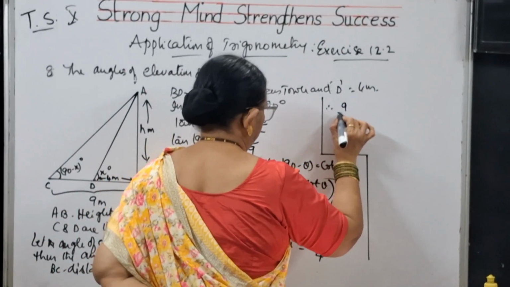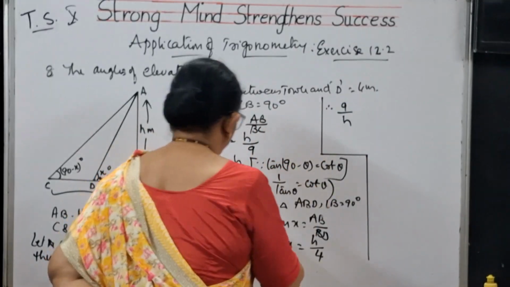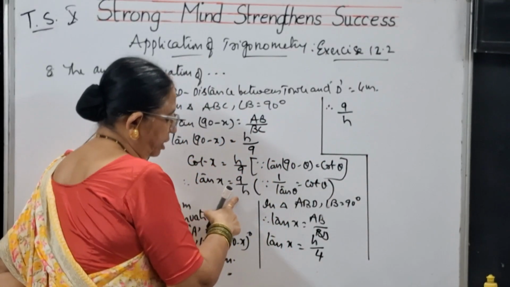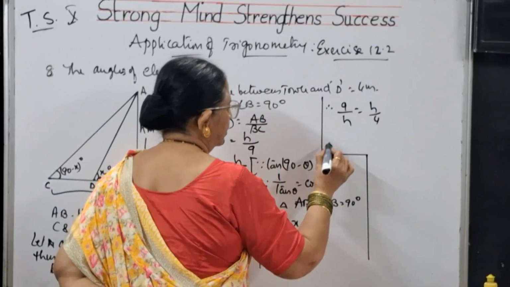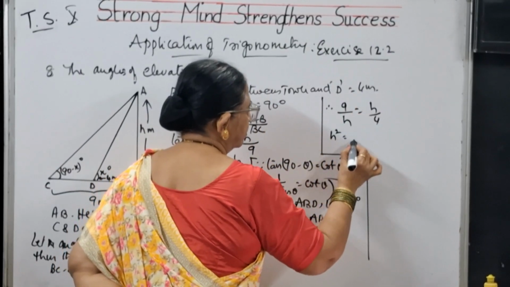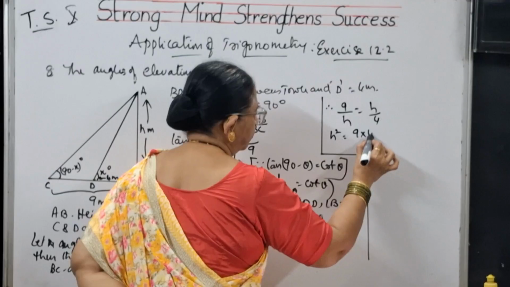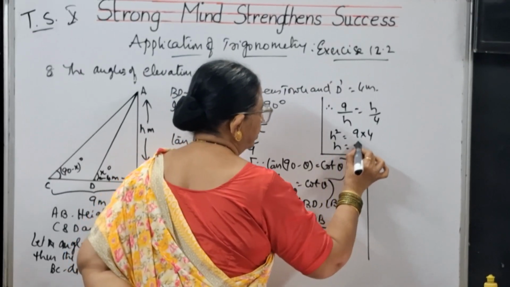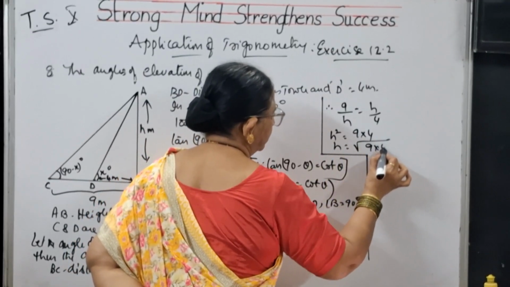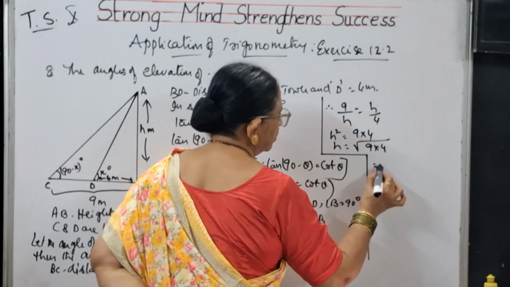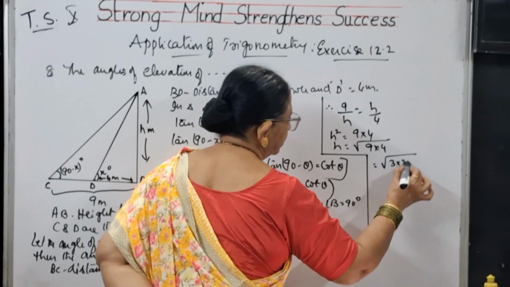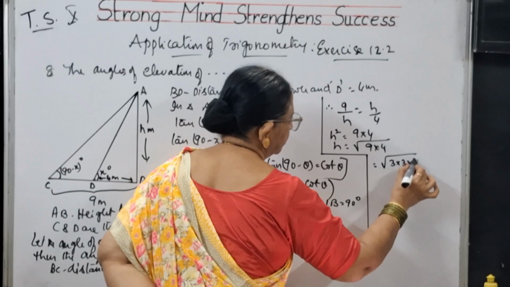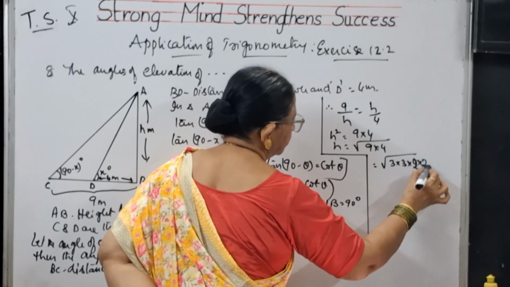Therefore, tan x is 9 by h, and 9 by h is equal to h by 4. Cross multiplication, h square is equal to 9 into 4. h is equal to root of 9 into 4. Root of 9 you can write as 3 into 3, and 4 as 2 into 2.